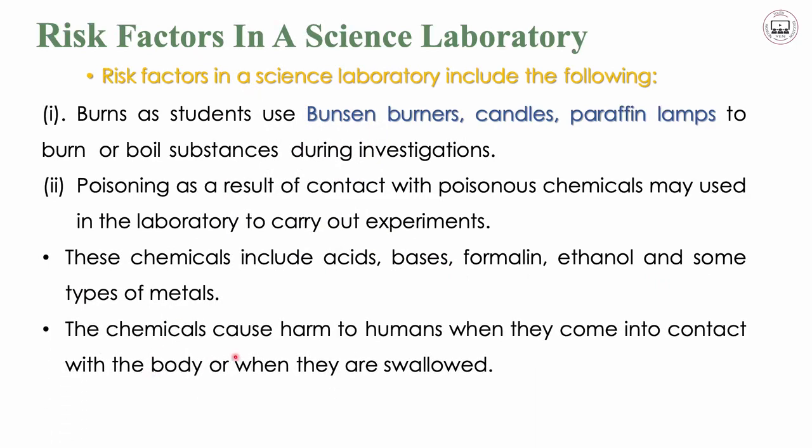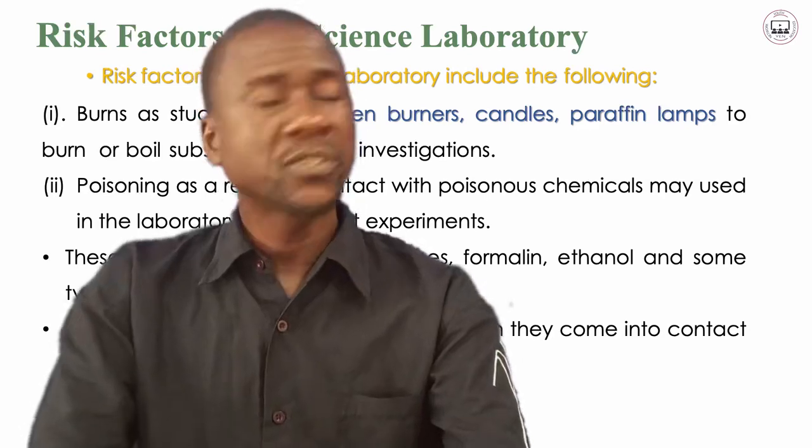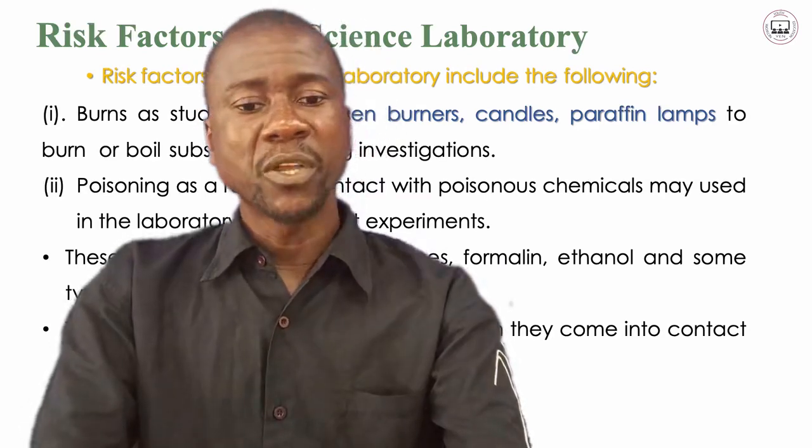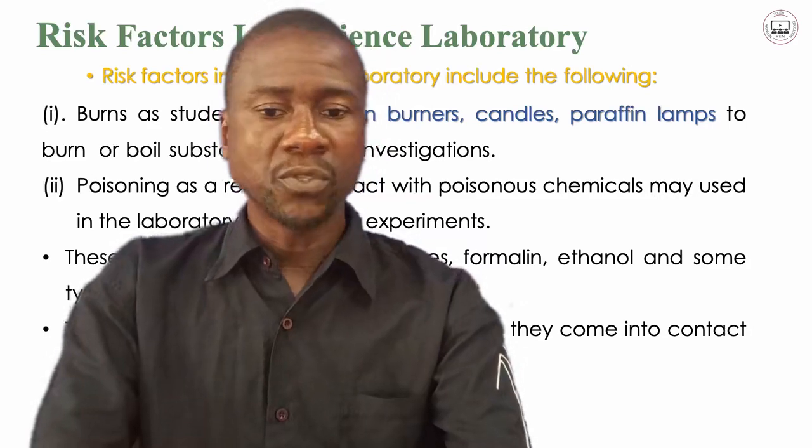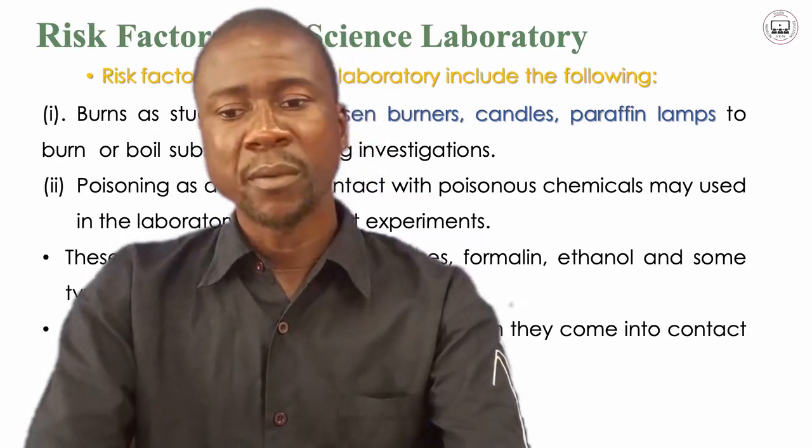The chemicals might cause harm to humans when they come into contact with the body or when they are swallowed. So such chemicals are supposed to be taken note of because they can cause a lot of problems on your body.